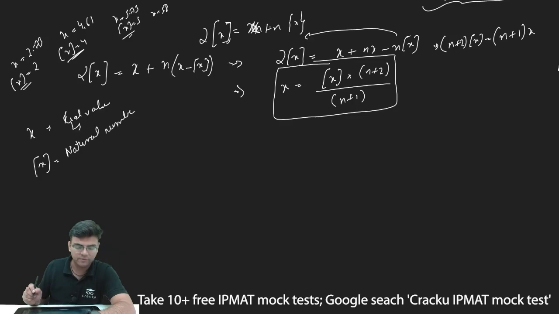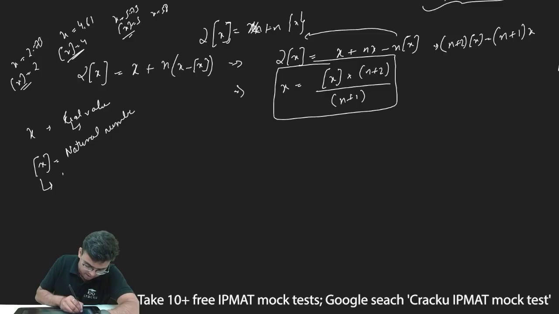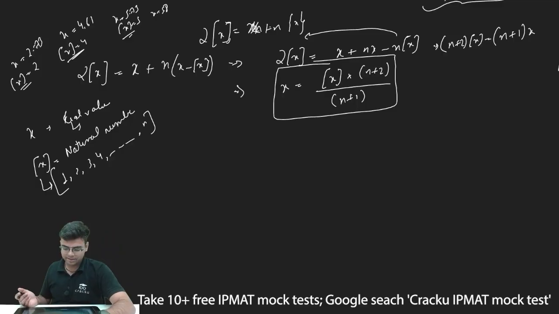So for any value of x, the greatest integer will always be a natural number. Thus the values greatest integer of x can take are 1, 2, 3, 4 up till n, 5, 6, 7, 8, all the natural numbers.